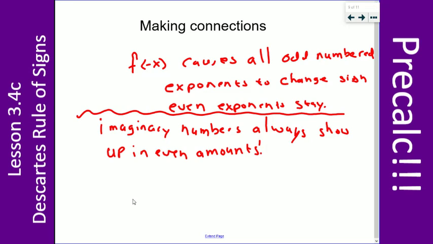F of negative x is going to force all odd numbered exponents to change. Then, all of your imaginary number solutions should always show up in even amounts. That's something we talked about when we were building polynomials, about how we always have a positive and negative version of all of our imaginary number solutions. So hopefully it makes sense that those imaginary number solutions are always going to show up in pairs or in even numbers.